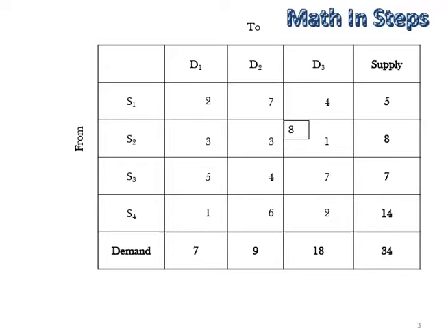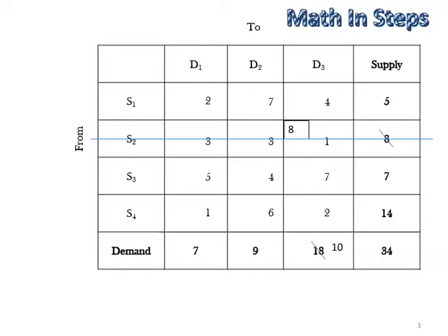Now with this 8 allotment, the supply of S2 will get over, whereas the demand for D3, 10, will be the remaining units. So as S2's supply is over, we'll cancel its row. Now for the remaining problem, we'll again look at the least cost, which is now 1 at S4D1 cell.